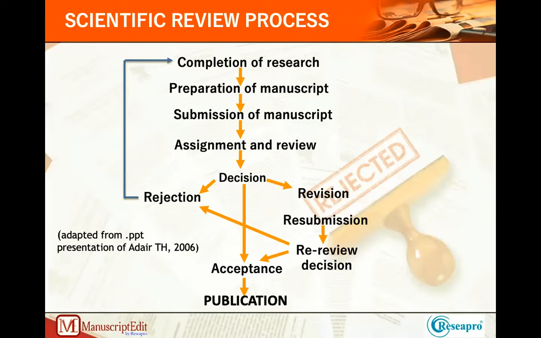First, the reviewer can ask you to revise your manuscript and resubmit, after which there is a re-review decision. And after the re-review, again there is a decision: either the paper is accepted for publication or rejected. And the second kind of decision is complete rejection.